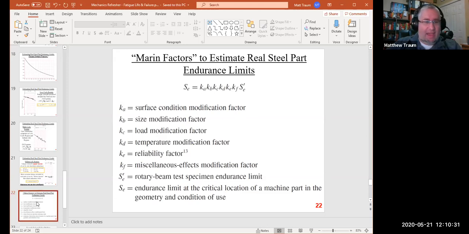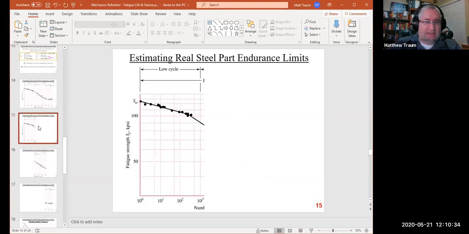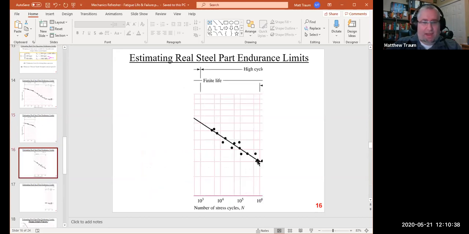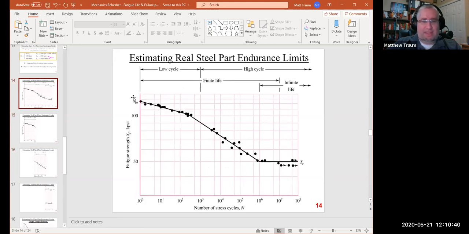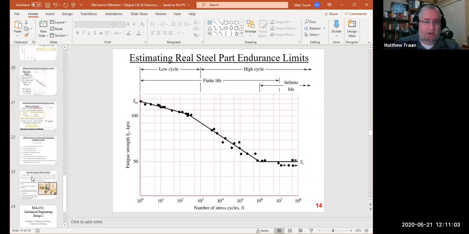And then once you have that, you can go back through this exact same process that we described, find that point, and reproduce the actual SN diagram for your part, where SE is not S prime E, which is the idealized one for the specific test specimen, but it's the one that's now modified for all of the changes that you made to get from that original test specimen shape through the Marin factors into the configuration of your final part.